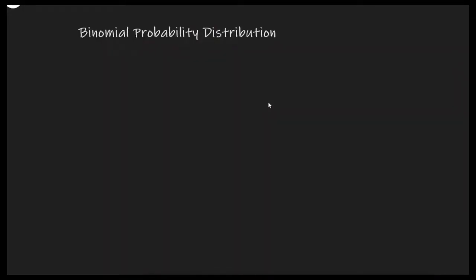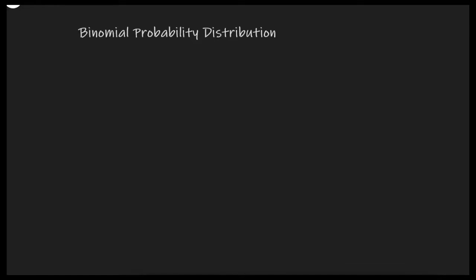This video is about the binomial probability distribution. The normal probability distribution is when we do not take any success or failure into account. We just count the number of probabilities and add them, the sum should be 1.